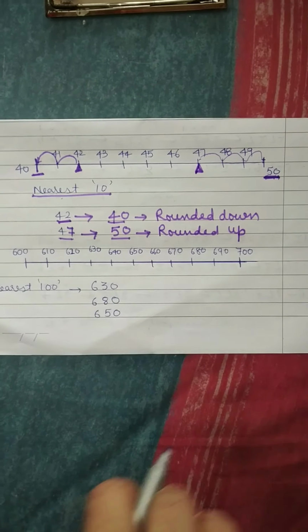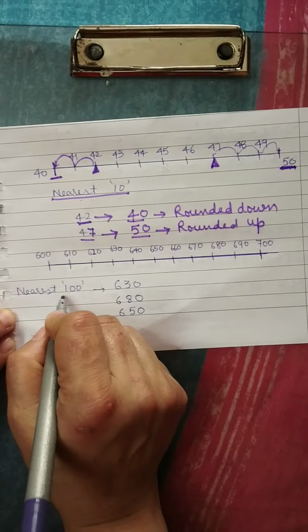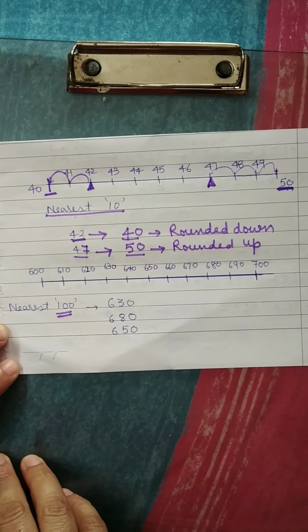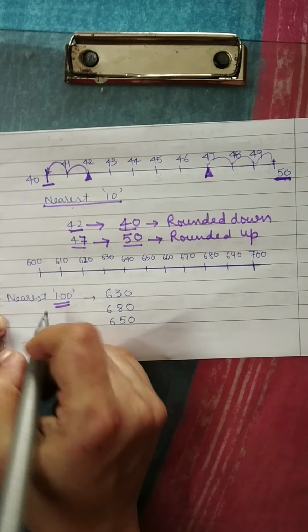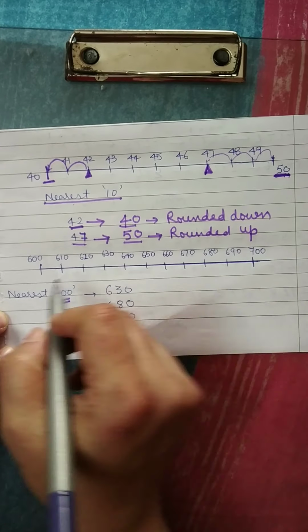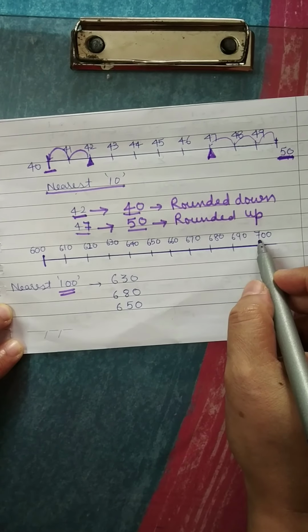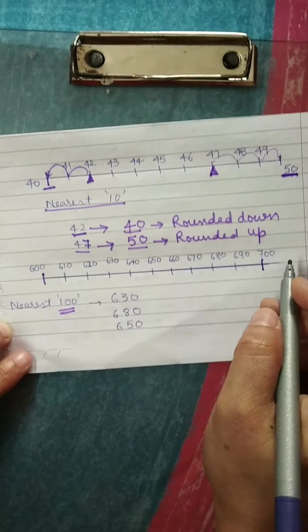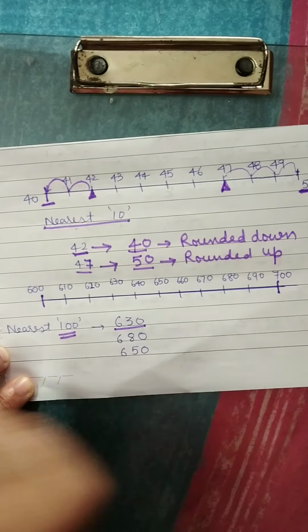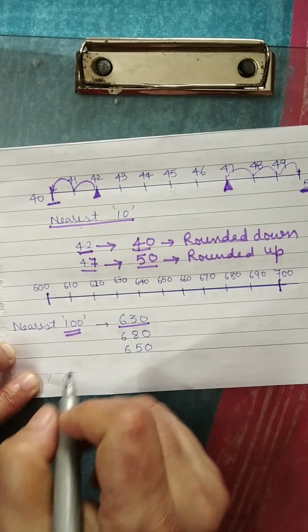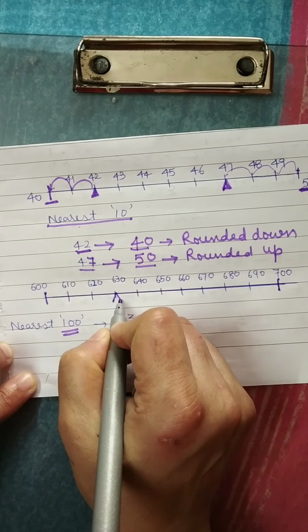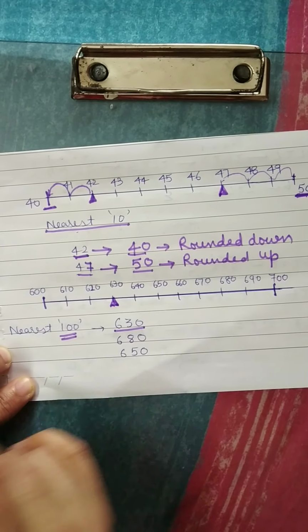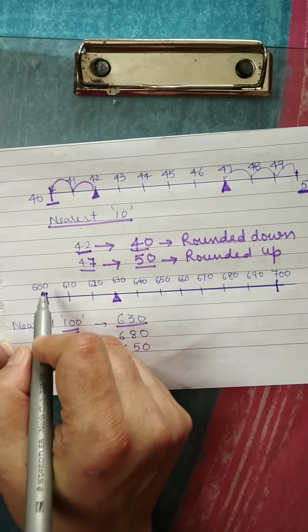Now let's try to understand rounding off to the nearest 100 using a similar number line. This is a number line on which numbers are marked from 600 to 700: 610, 620 up to 700. Now let's try to round off 630. 630 is here on the number line. 1, 2 and 3 steps.